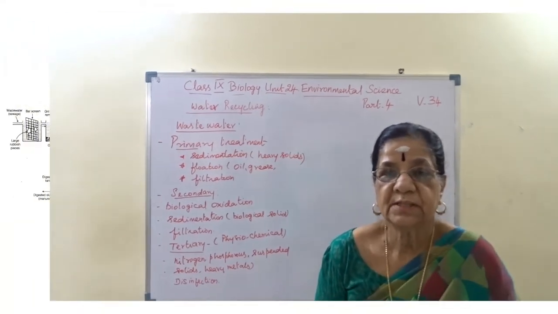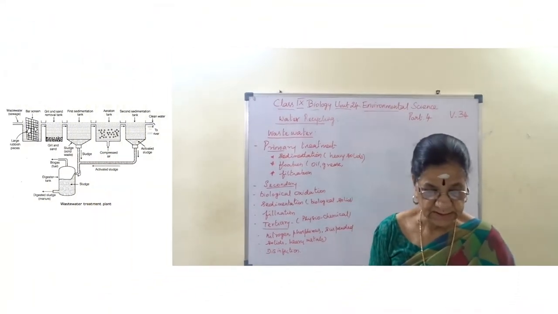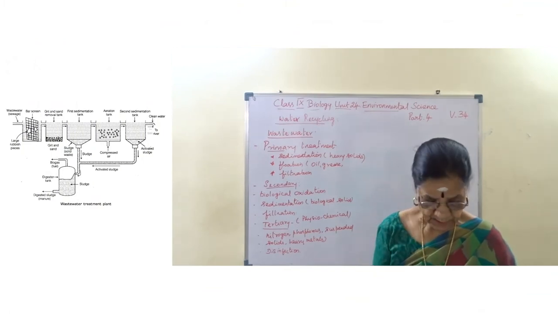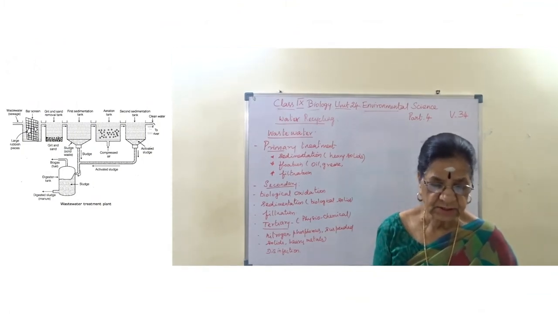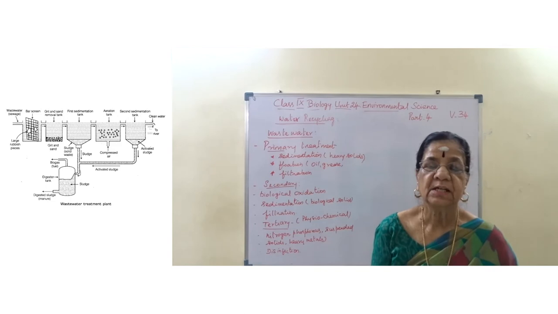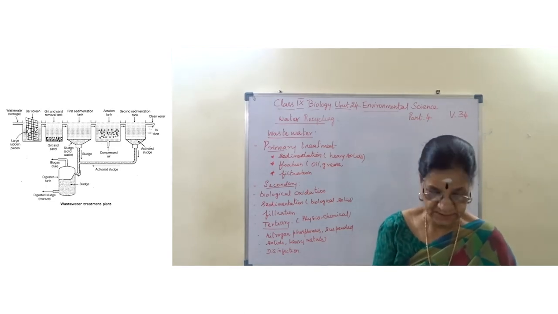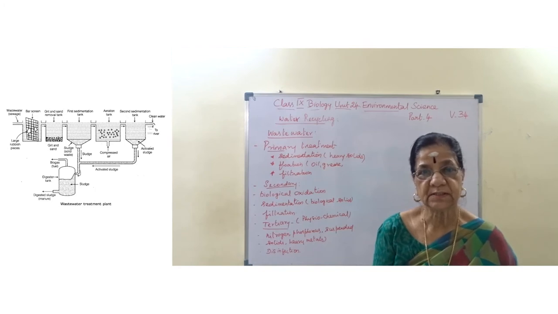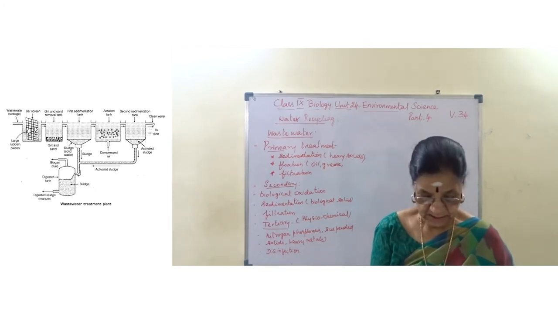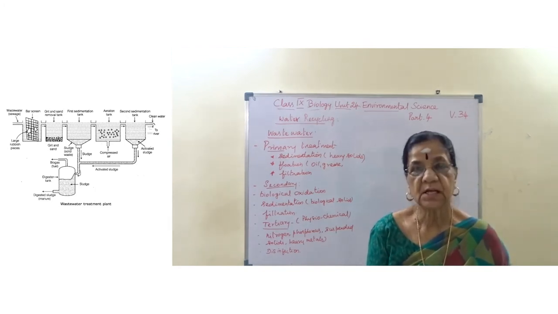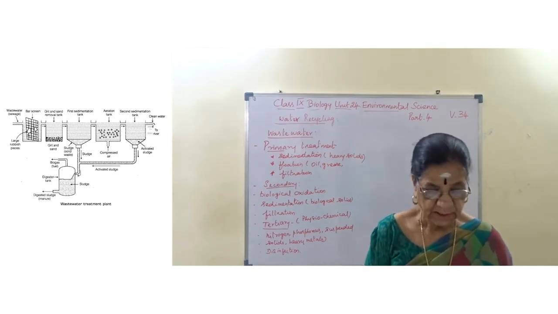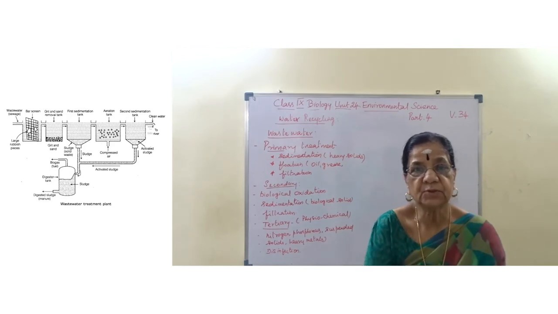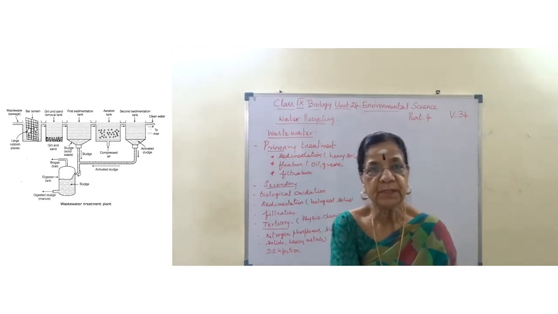We have done the importance of water conservation, domestic conservation and agricultural conservation. In agricultural conservation, water is often lost due to leaks in canals, runoff and evaporation, so we have to conserve in a better way.